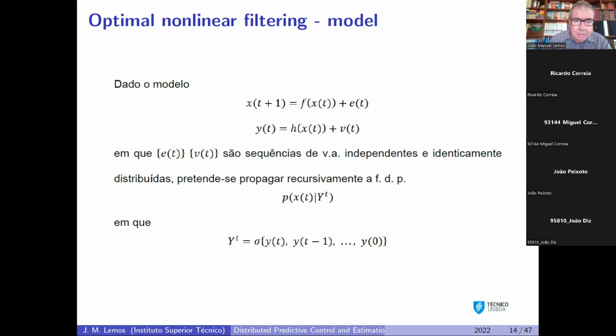That's the meaning of e. And v is the sensor noise. So you don't observe exactly your function of the state h of xt, but it is added by something that is a random variable.